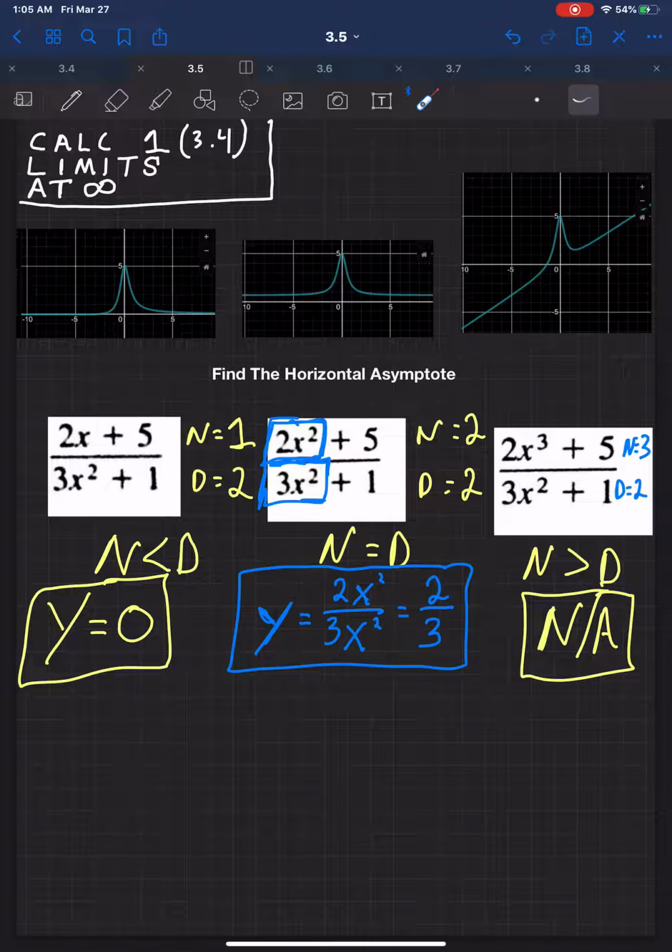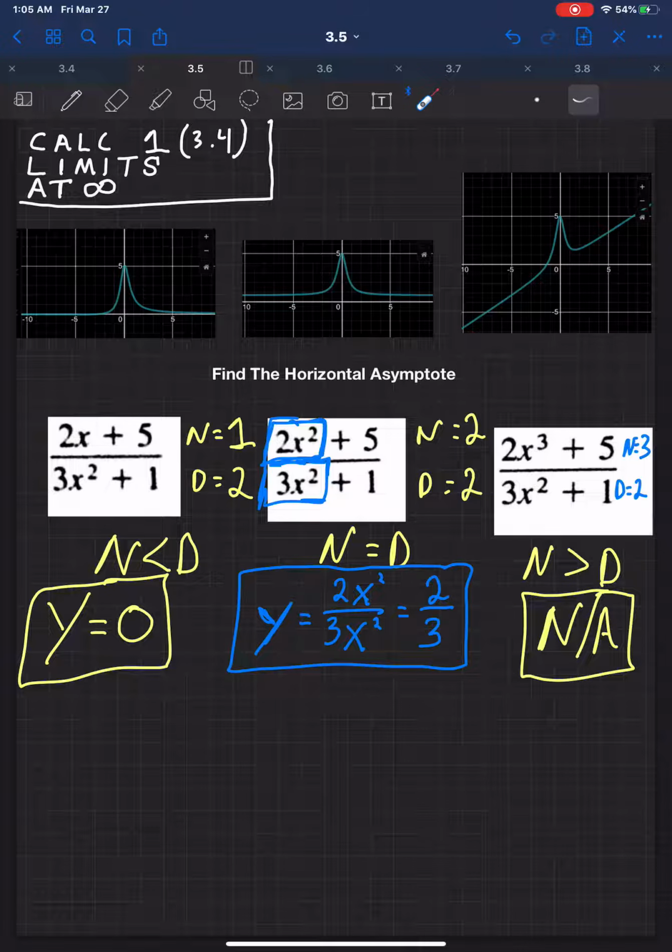All right, so that is the precalculus way of doing horizontal asymptotes. I like it, but at some point in time, you're going to have to stop trusting people with red pens and Expo markers. At some point, we want to know why it works.